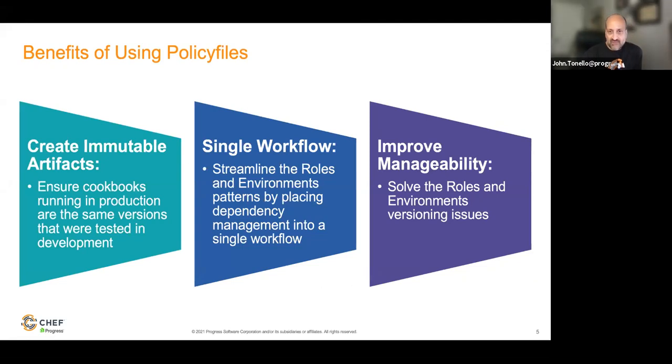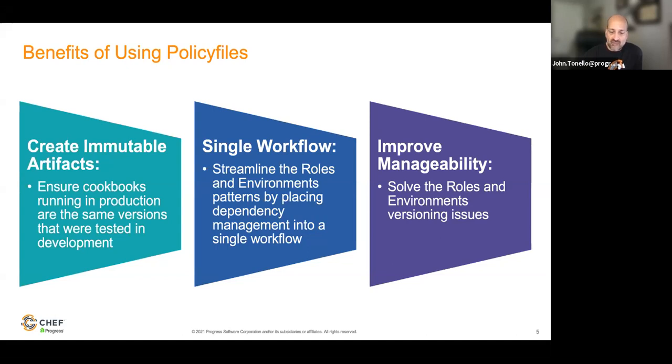One of the key values of using policy files is it creates immutable artifacts. So think about it as a snapshot in time of a cookbook, all its content, your profile, anything that you have done. And when they're running in production, you want to know that these are exactly the objects and artifacts that you intend them to be, and the same as what you've tested in development.